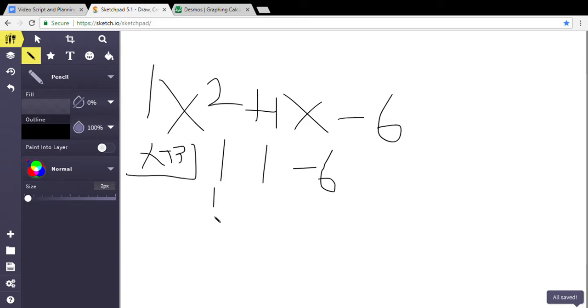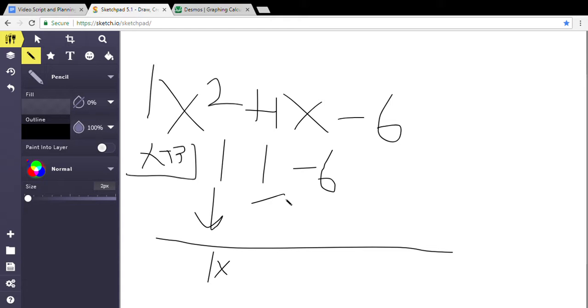Now, for synthetic division, you bring down the first value because this highest degree is being multiplied by an x, and it isn't affected by this 3. So this would be a 1x in your factored form. So you multiply the 3 by the 1x to get 3x.